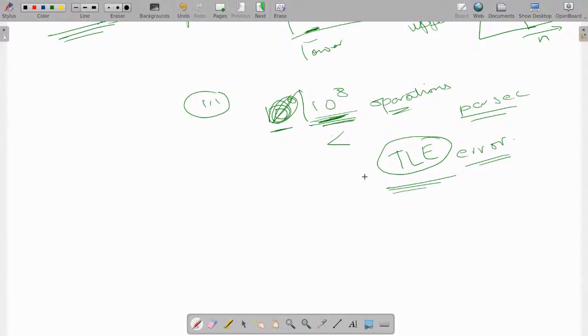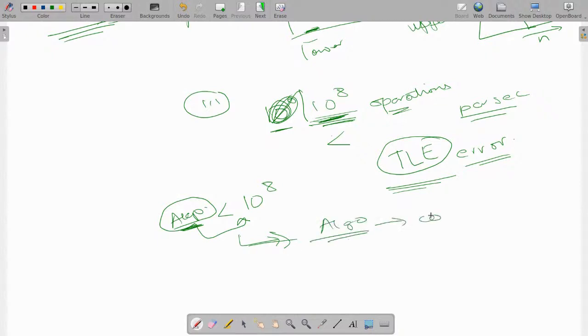So as a coder, you should always try to limit your algo such that it never executes more than 10 to the power 8 operations per second. That is why, whenever we write the pseudo code or the code of an algo, we try to get the time complexity of this algo.